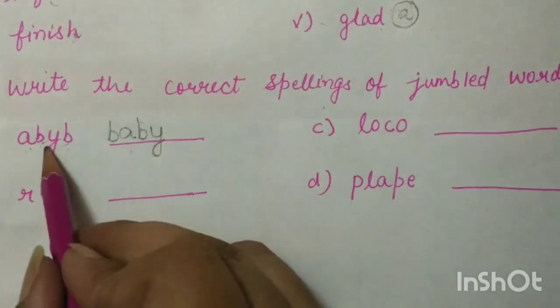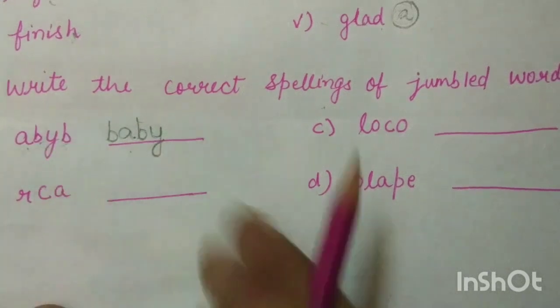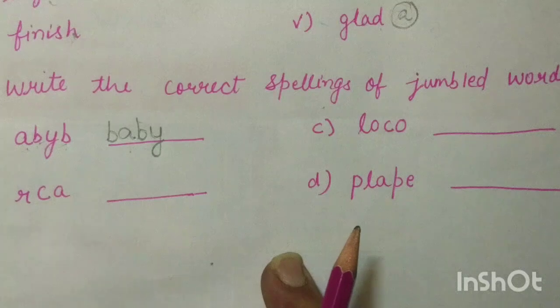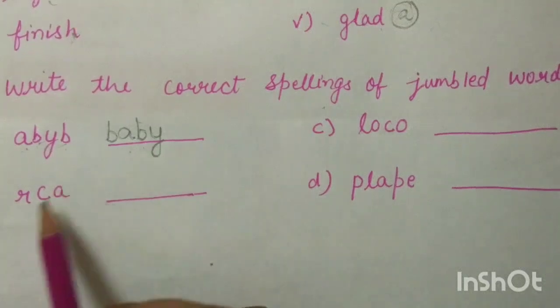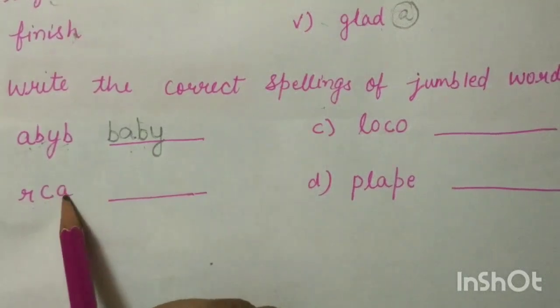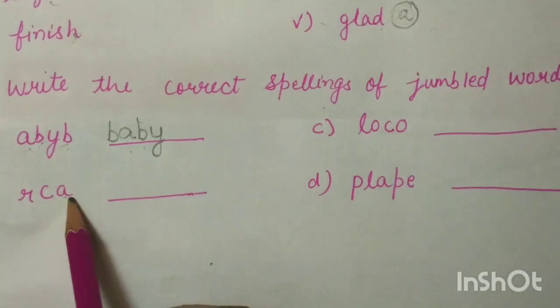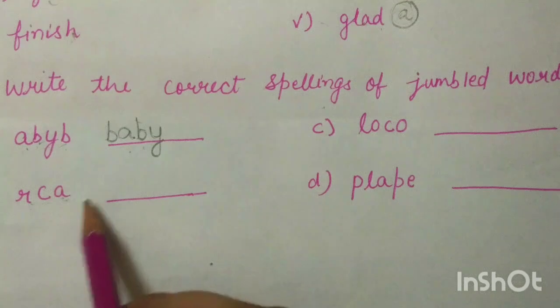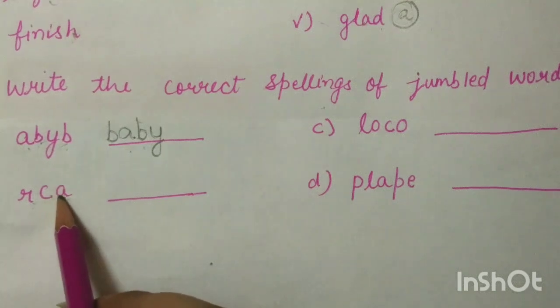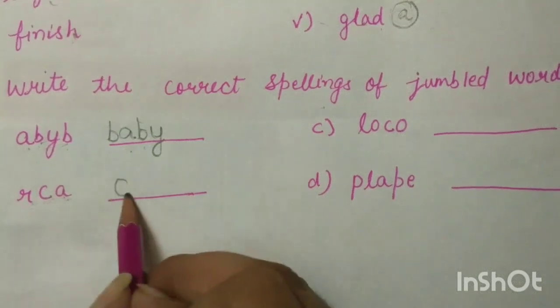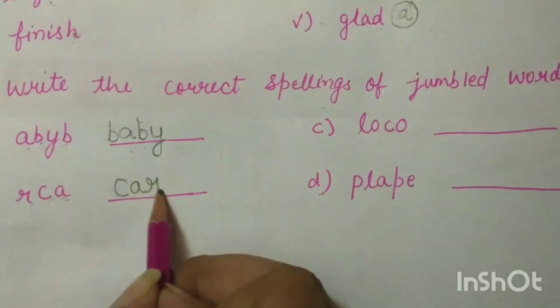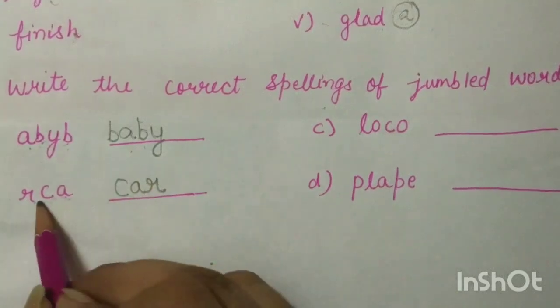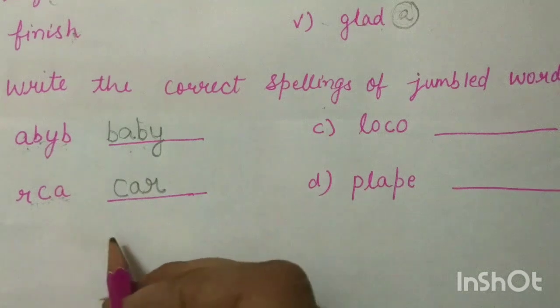Baby comes from these 4 letters. It made a new word. Now R, C, A. If I rearrange them as A, C, R, it is not any word. If I say C, A, R, yes, car. Car is made from these 3 letters.